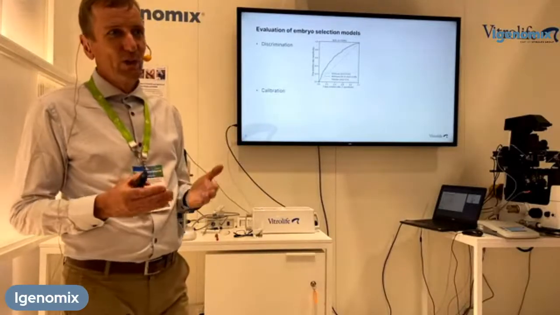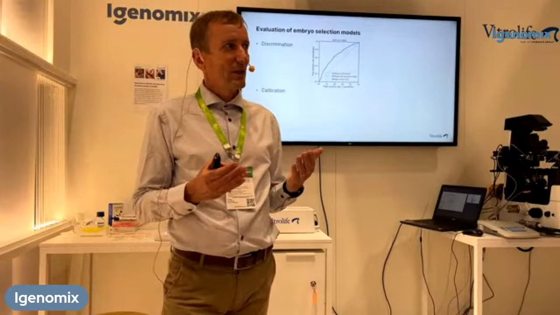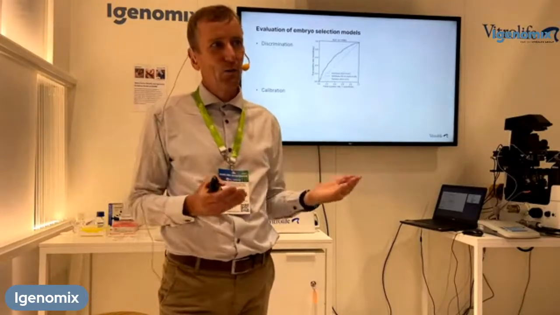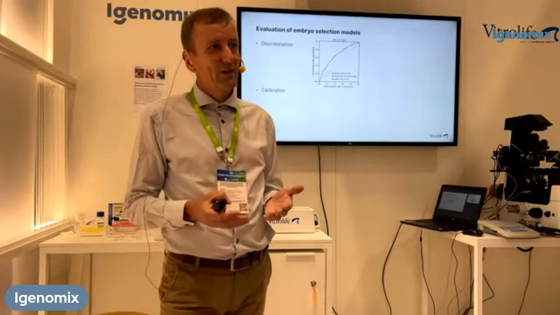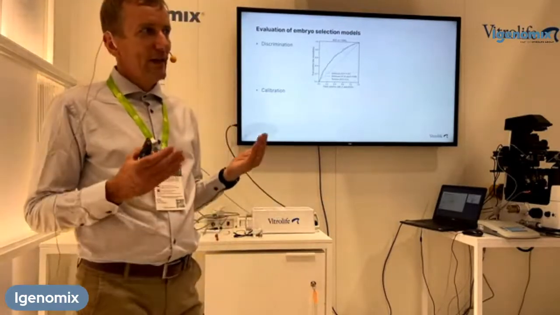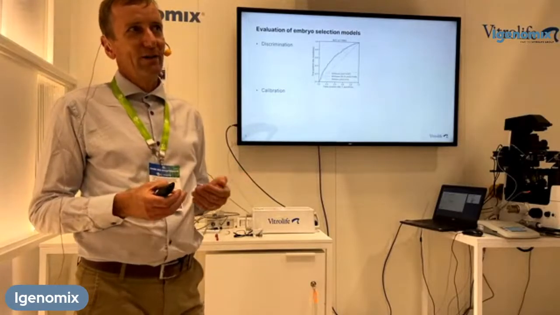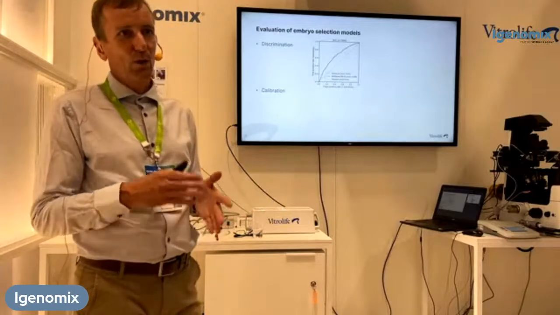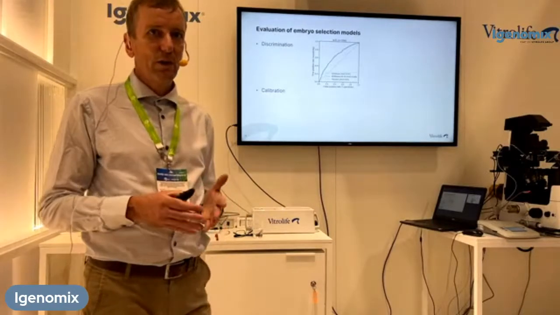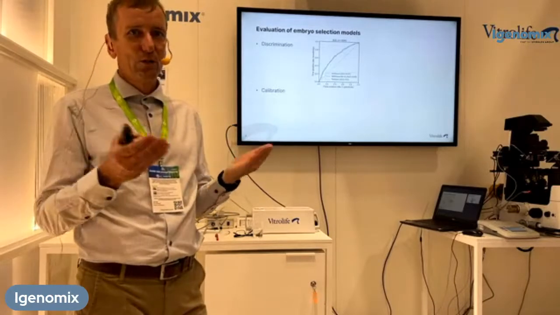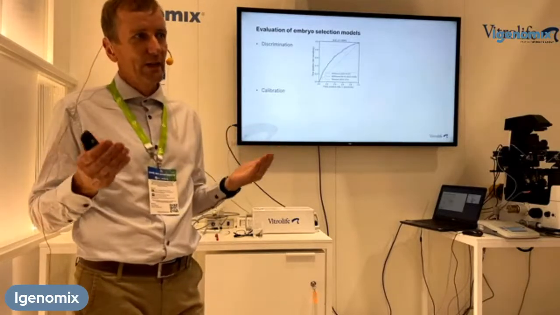But what is extremely important here, because I guess many of you have seen a lot of AUCs and people trying to compare across data sets, is that it's not really possible to do. The AUC is so dependent on patient demographics, stimulation protocols, selection procedure, etc. So it's not valid to compare AUCs between different data sets.